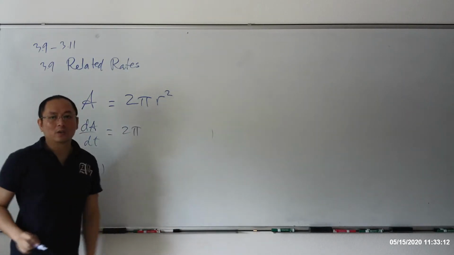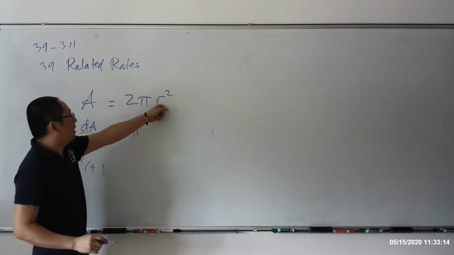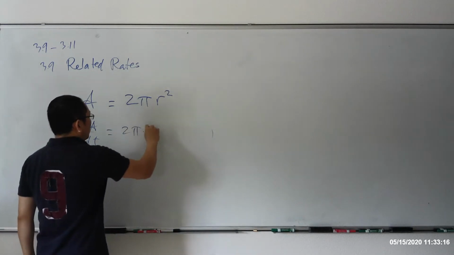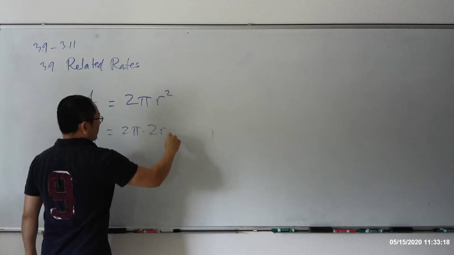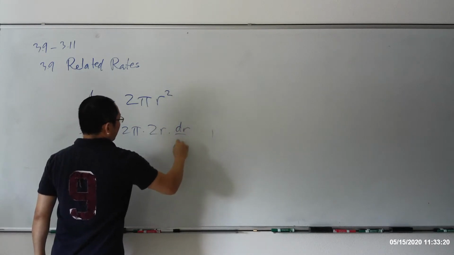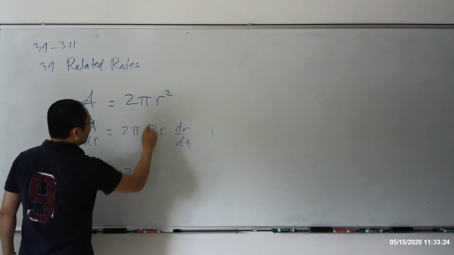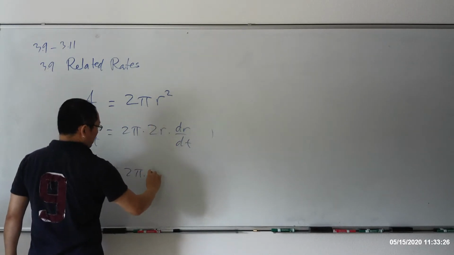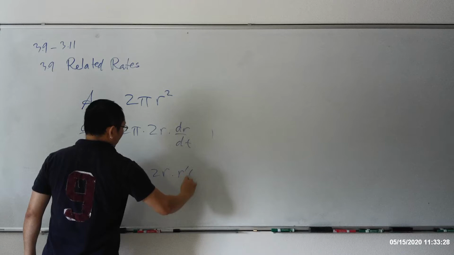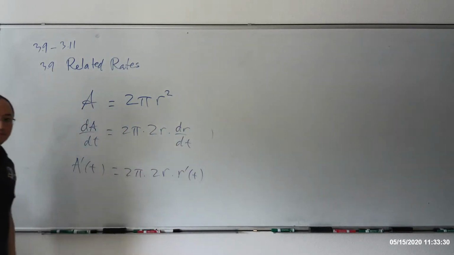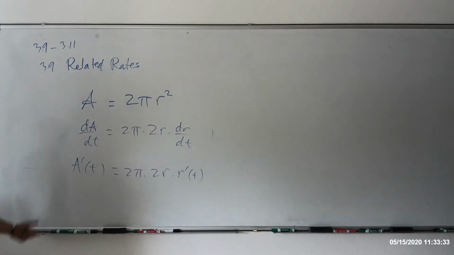Now r squared: you differentiate r squared, thinking of r as a function, so it's going to be 2r to the power one times dr over dt. Or you can write it this way: 2 pi, a constant, and then r squared, derivative is 2r, times r prime of t. Same thing.